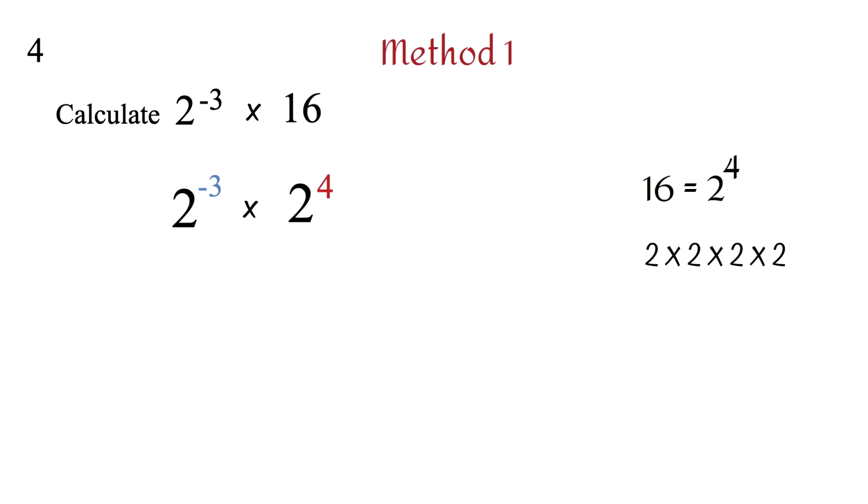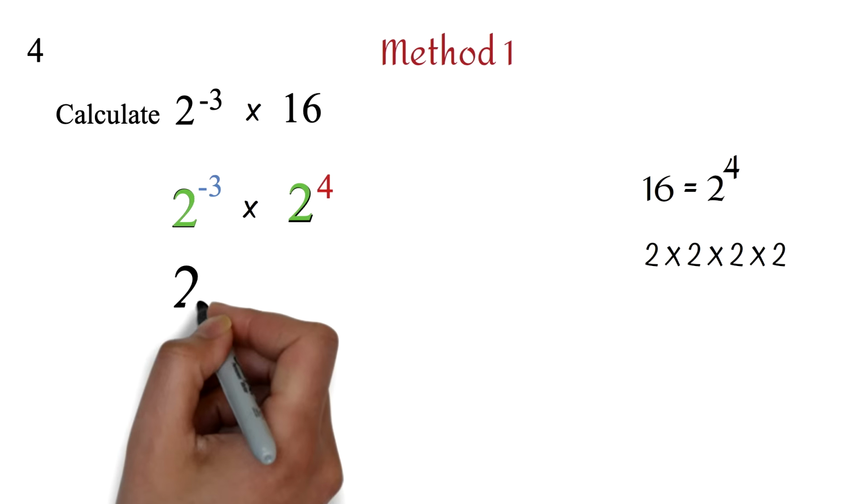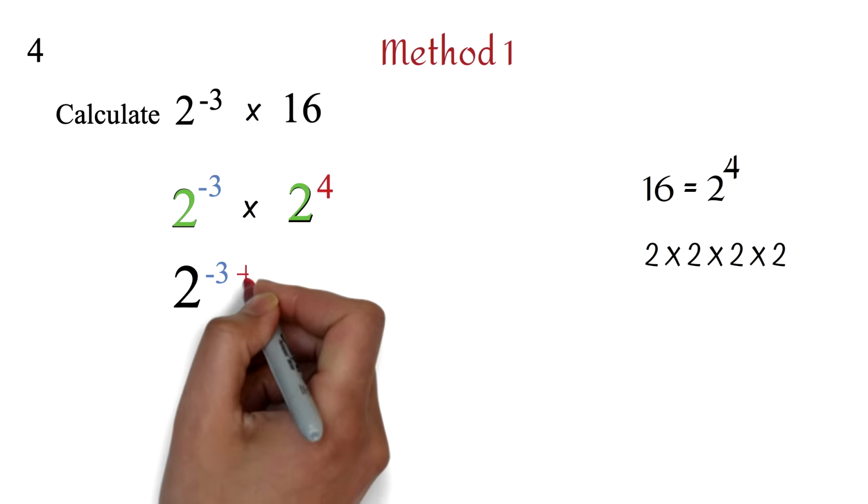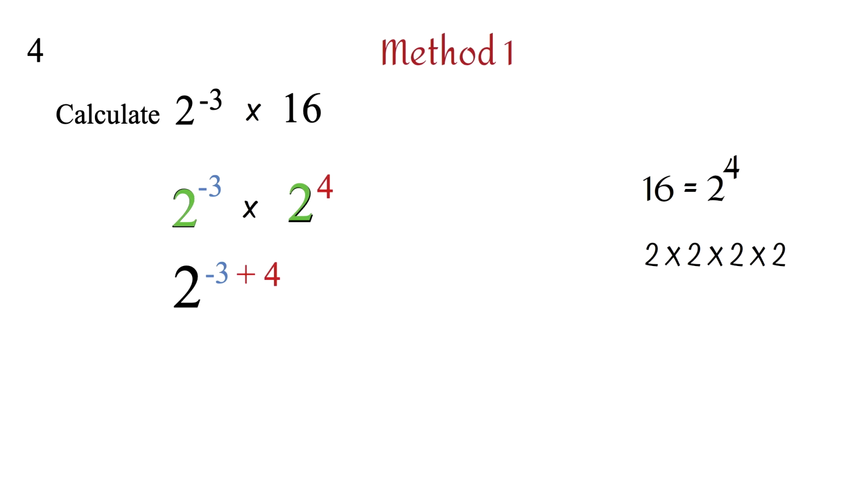Now, we have 2 exponent negative 3 times 2 exponent 4. In math, if you have 2 numbers multiplying and the bases are the same, you can simply add the exponents. Here, they both have the base of 2, so we can simply add the exponents. So here, we will have 2 exponent negative 3 plus 4.